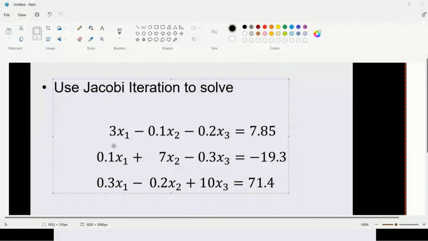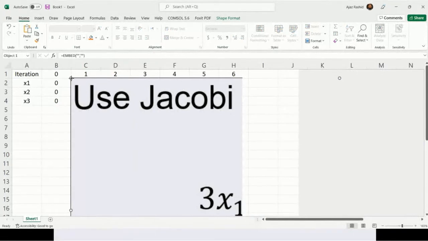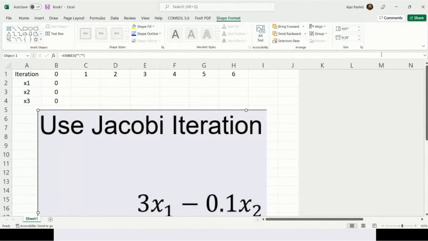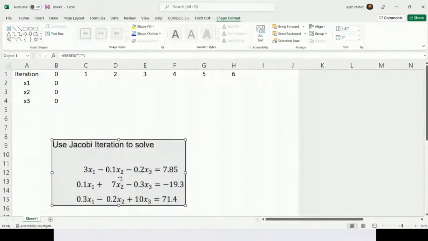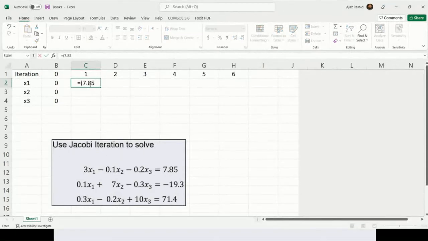For x, I need the equations. Okay, so this is 7.85 plus 0.1 multiplied by x2 value plus 0.2 multiplied by x3 value divided by 3.